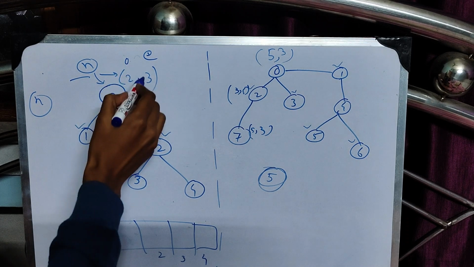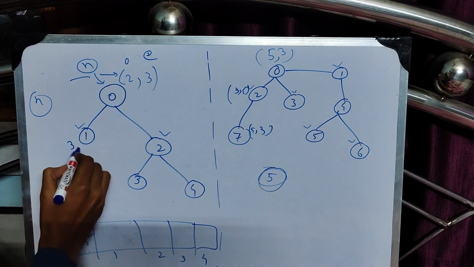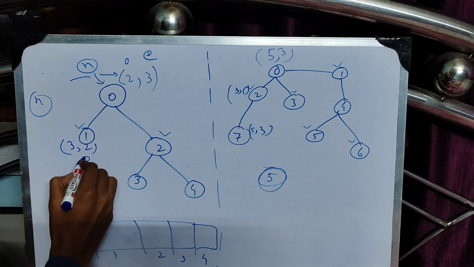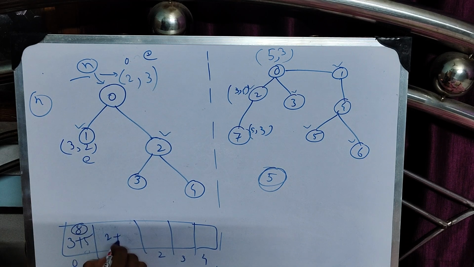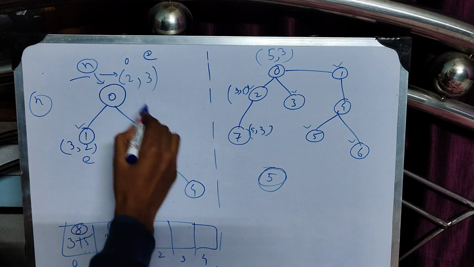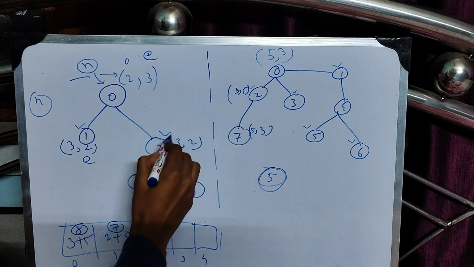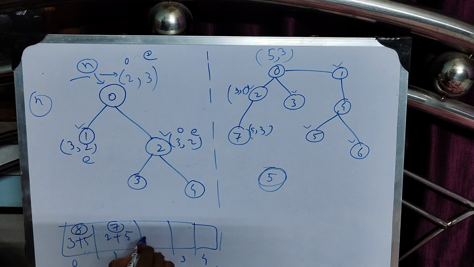In this one it got reversed, 3 comma 2, even is 2. So 2 plus 5 is 7. For this one 2 3, so it will be 3 2, or even is 2 plus 5, that is 7.